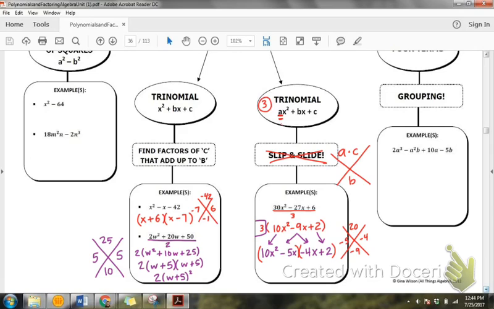Remember, if the first term is negative in the parentheses, then you divide the negative out. So we have 5x minus 2 and 2x minus 1.